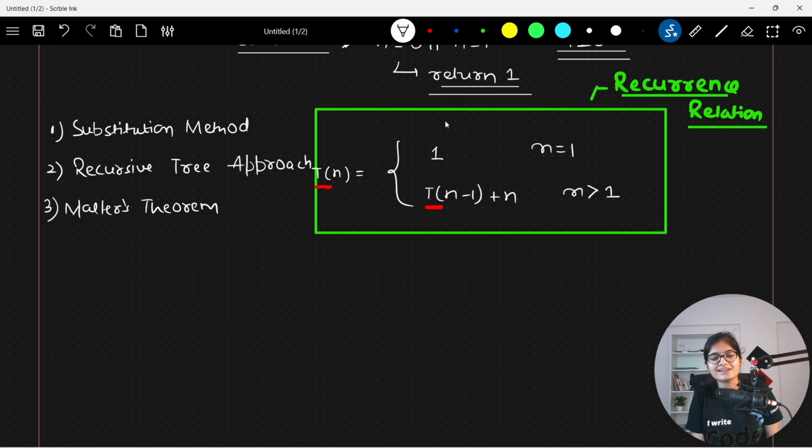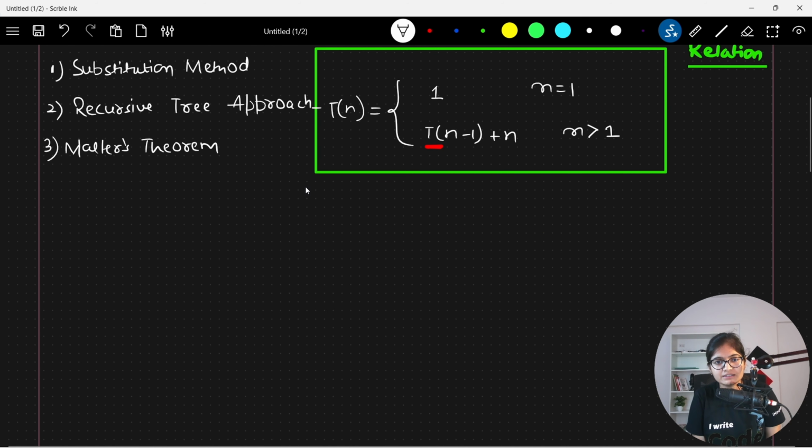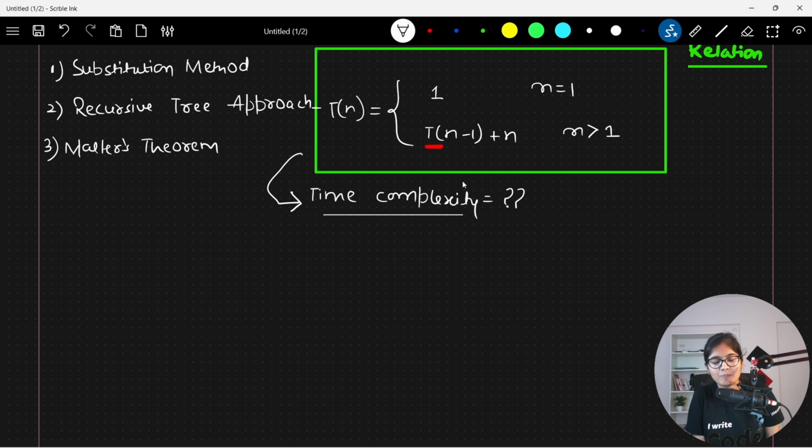Our objective is to find out the overall time complexity. So how, given a recurrence relation, we can reach this time complexity is our major objective.